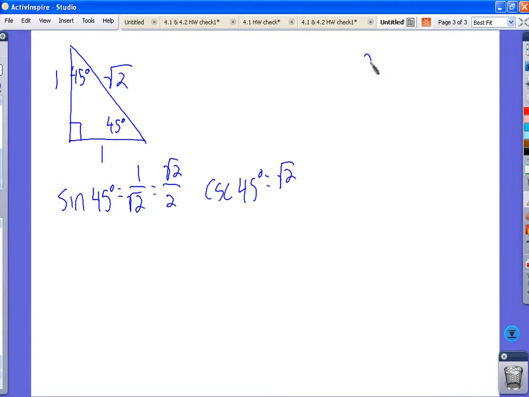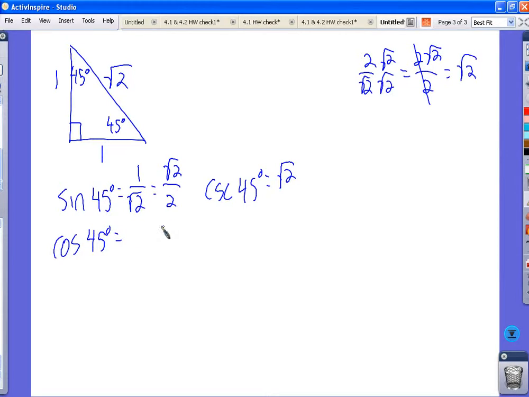If you flip this one over, 2 over root 2, we multiply by root 2 over root 2, we get 2 root 2 over 2, cancel, root 2. I just thought we were doing cosine. Oh, cosine. Cosine of 45 is also 1 over root 2, which is also root 2 over 2. Same thing. So the secant will also be root 2.